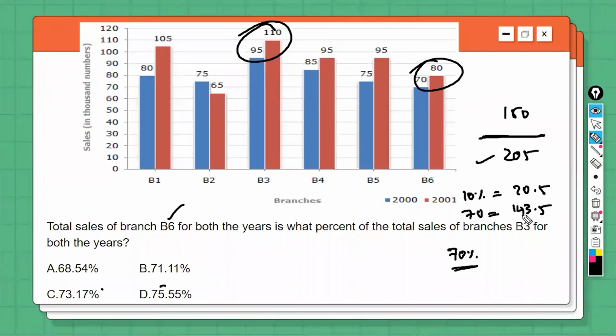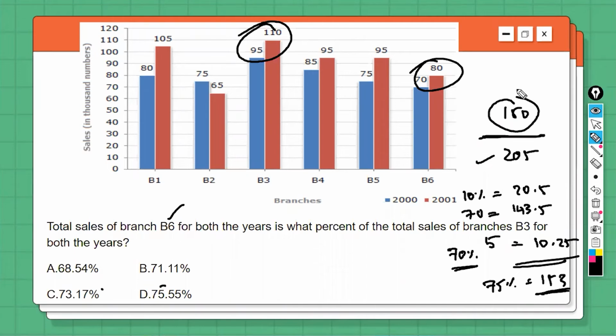This is 70%. What is 5%? 10.25. If you add, 75% will be 153 point something. So it is more, but we have only 150 here. The answer will be less than 75. So 73.17 should be the right answer.